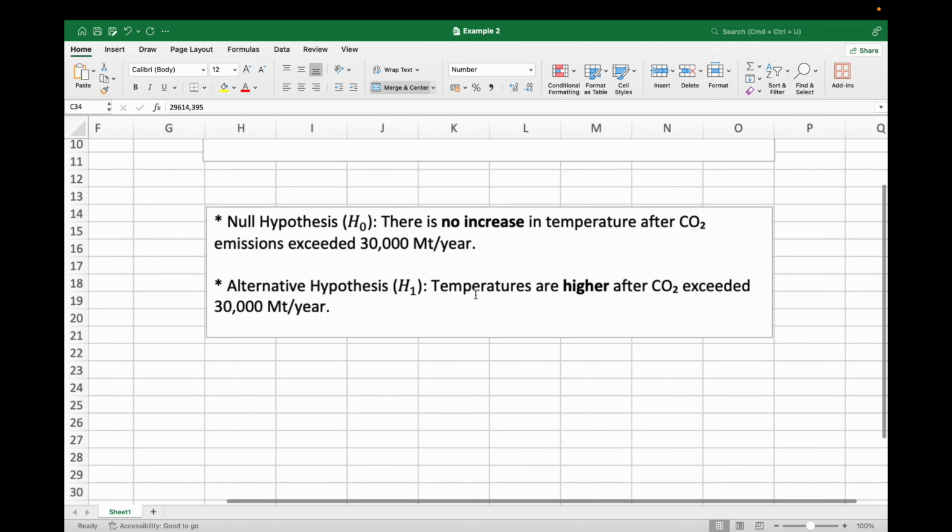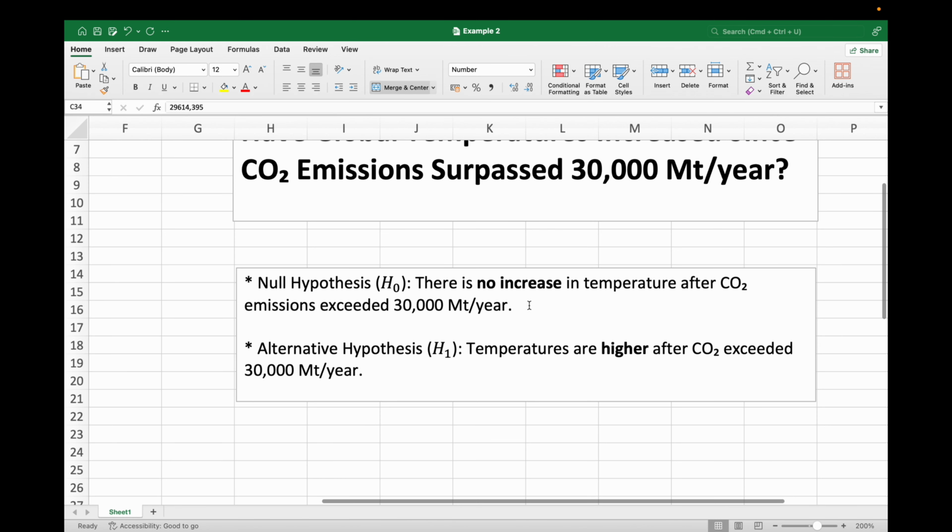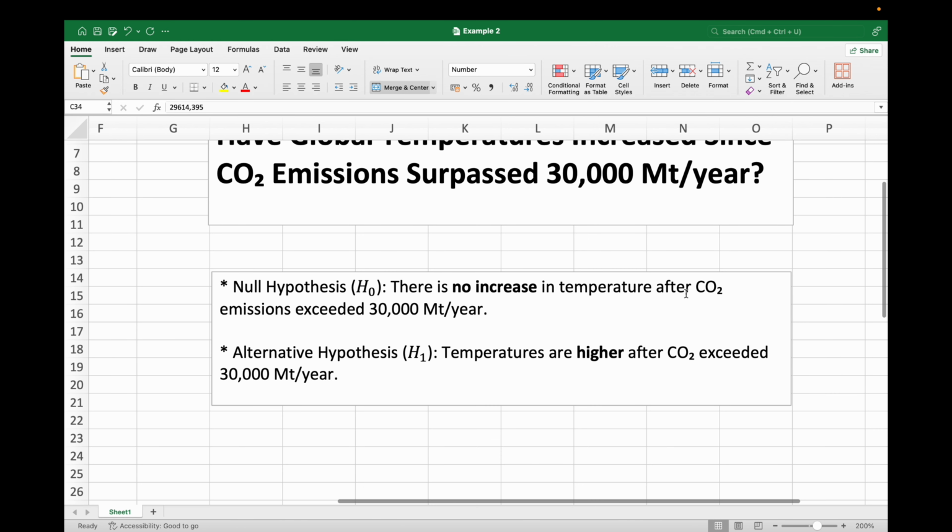The null hypothesis is there is no increase in temperature after CO2 emissions exceeded 30,000 million tons a year. The alternative hypothesis is temperatures are higher after CO2 exceeded 30,000 million tons a year.